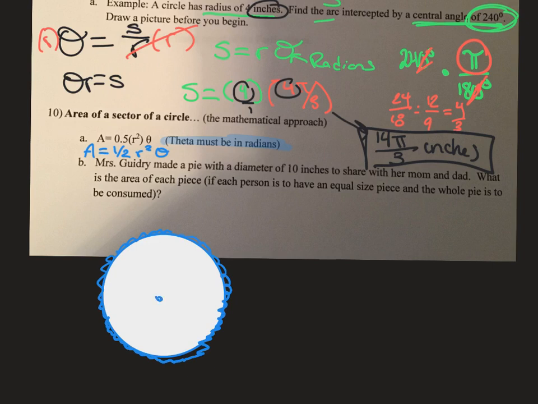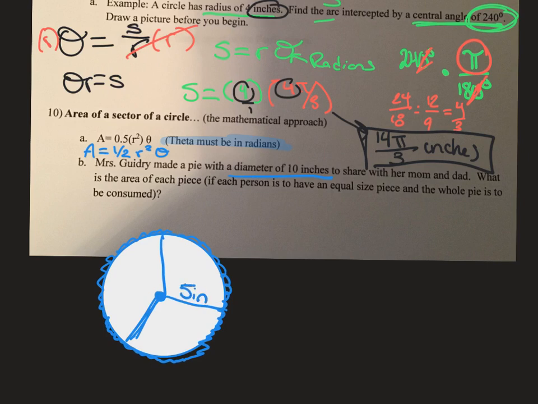But I'm going to split this into 3 pieces, 3 equal pieces. So 1 piece, 2 pieces. So there's my 3 equal pieces. It says that my diameter is 10 inches. Well, those lines I drew are not diameters. They're radii. So each one of them is 5 inches.